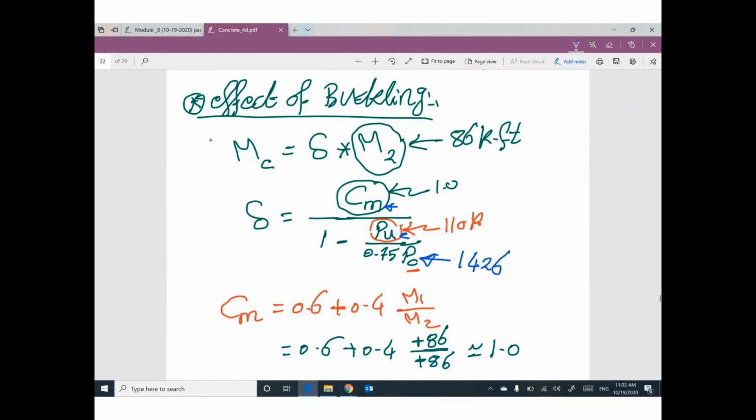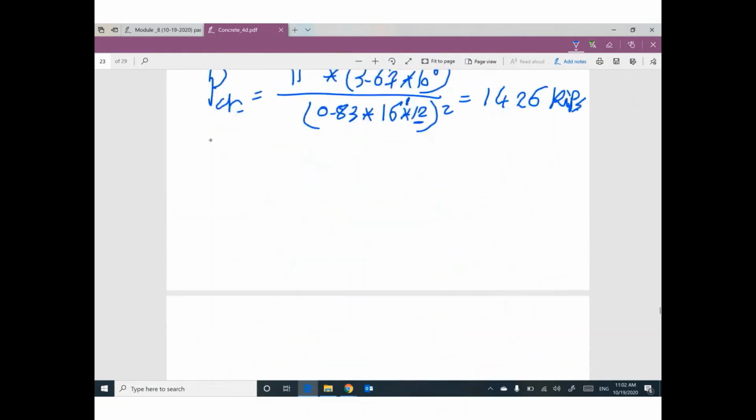I can figure out the value of delta. Your value of delta will be 1.1. So Mc, which equals delta times M2, will be 1.1 times M2, 86. So your value will be 94.6 kip foot.